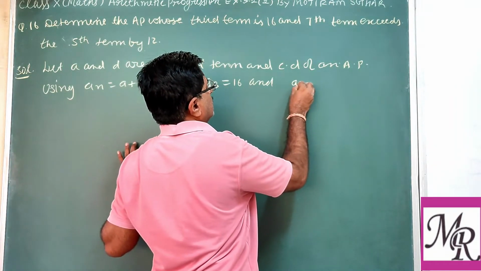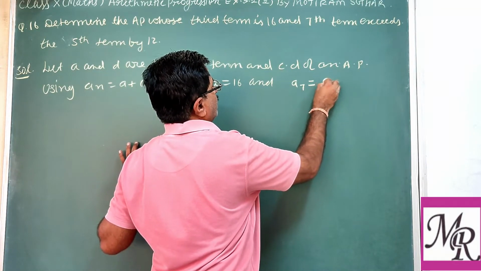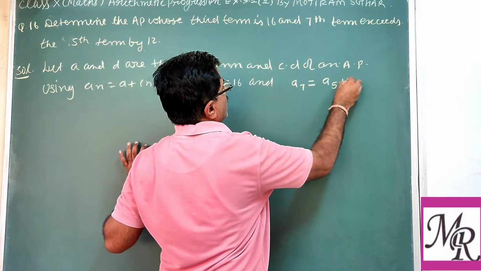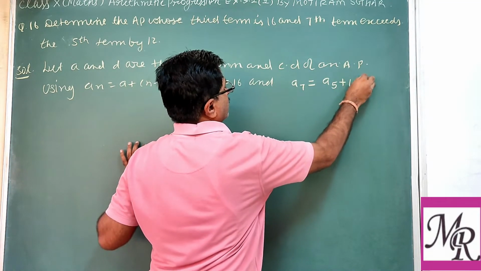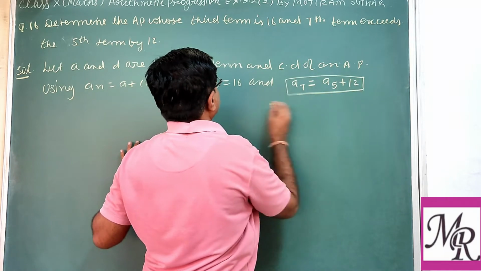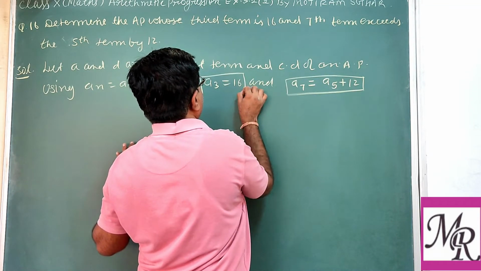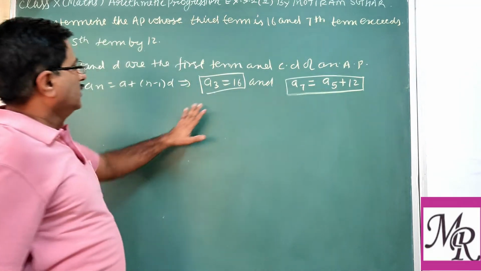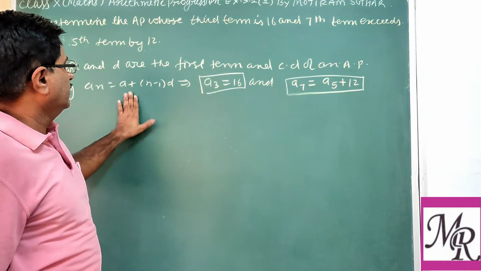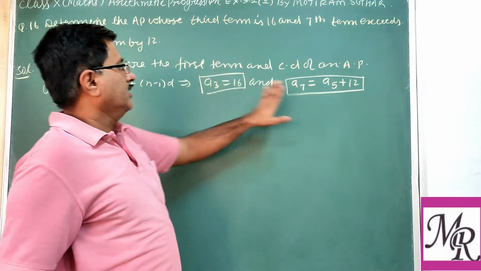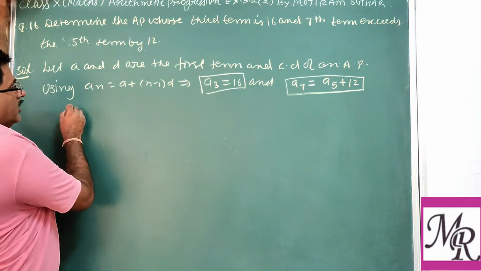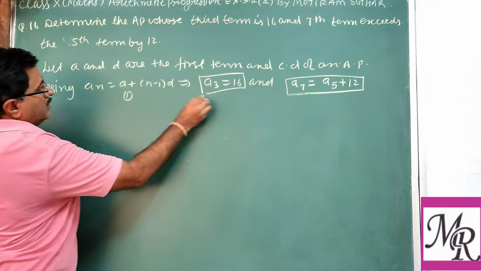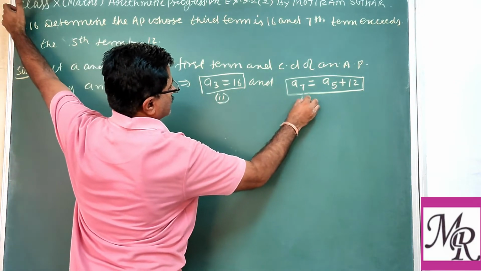So the seventh term is equal to the fifth term plus 12. This is the condition. Now in these two we have to put the values and we get two equations.